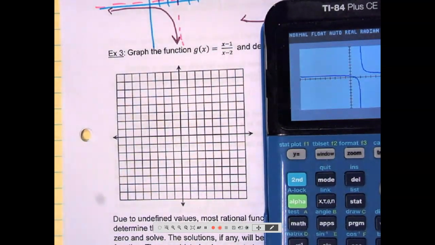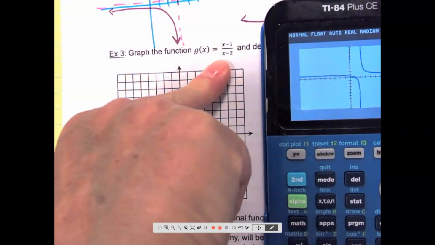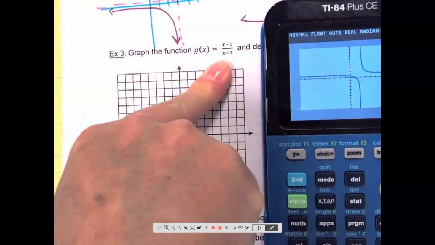Shifted, right? This one has a variable up top, so this one's a little bit different than the ones we've graphed so far. Can you tell me about the horizontal shift? Right 2. How do we know that? Yep. What would make that denominator undefined? X equals 2. So x equals 2 is the vertical asymptote.